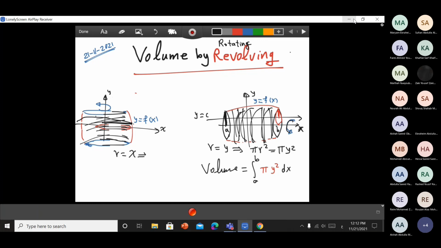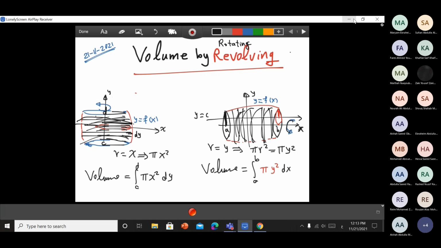And the area of each circle is pi x squared. Now the volume will be what? The integration. Let us say start from c to d, right? So c, d. The area of each circle is pi x squared, and you slice this cylindrical shape into pieces. Each piece has a small slice in the direction of y, so each one will be dy.